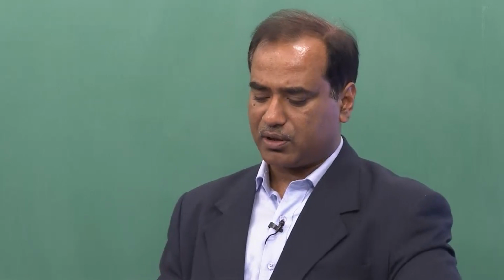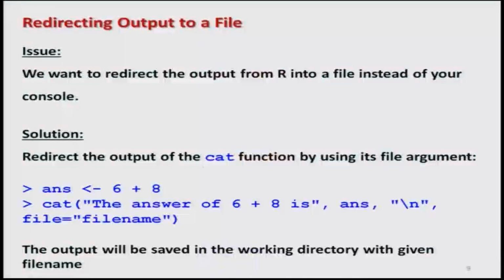If you remember, we had done a function here, cat, and cat was used to demonstrate the outcome in a particular format. So, for example, let me take a very simple example. Suppose I try to add 6 and 8, and I save this outcome inside a new variable, say ans, and suppose I want to print the outcome of a program something like "the answer of 6 plus 8 is".